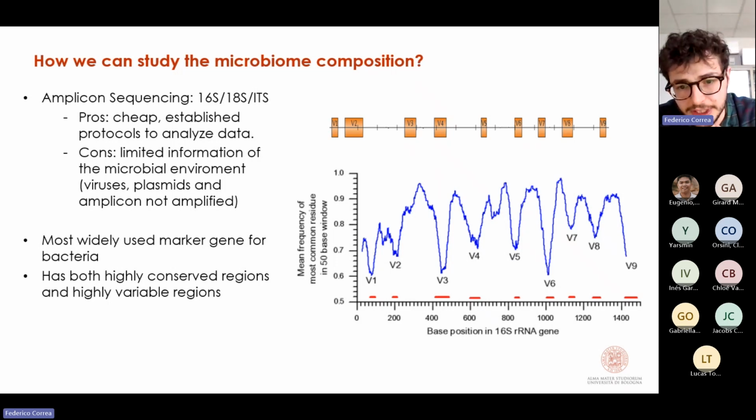The other regions, for example V1, V2, are used for environmental samples, or for example V1 can be used to distinguish specific bacterial strains.